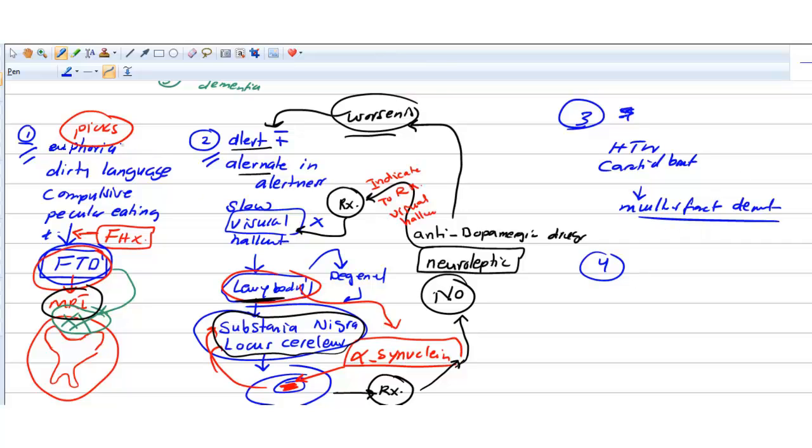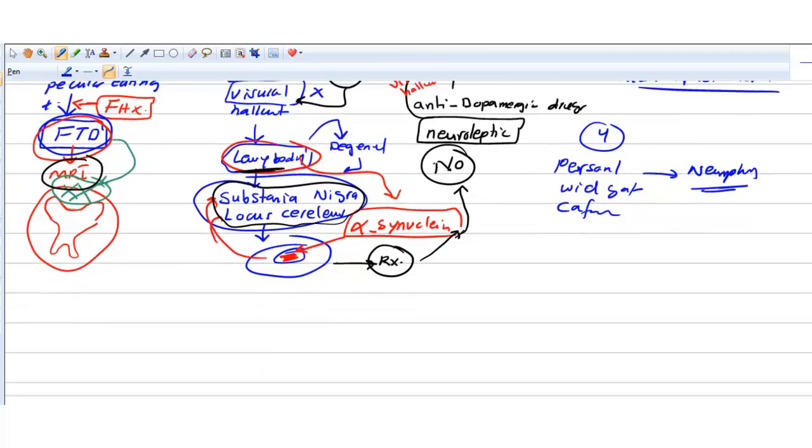Now this is behavioral, another behavioral: personality problem, plus wide gait, and he's psychotic, confused. So basically the fourth one is normal pressure hydrocephalus, right? This is also easy, so I will move faster.